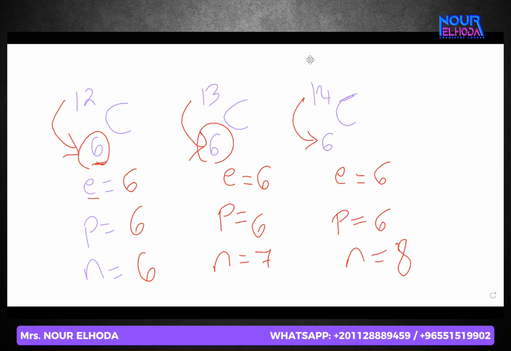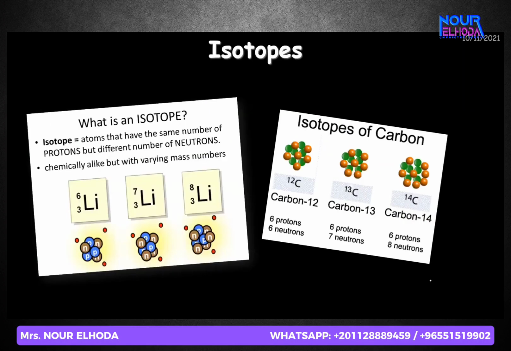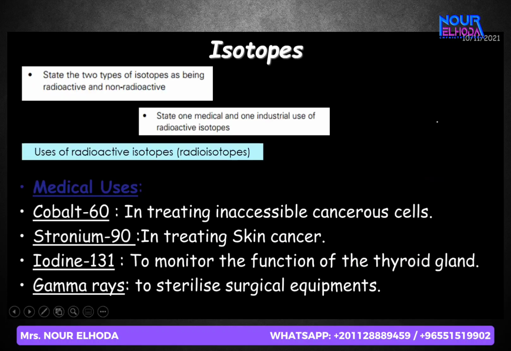We stopped while I told you that I'm going to say quickly, before we start the ionic bond, what are the uses for isotopes. Isotopes in general have hundreds of uses, but mainly some of them are radioactive isotopes. So what do I mean by radioactive isotopes? They give out radiation.